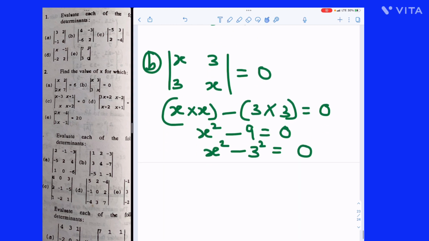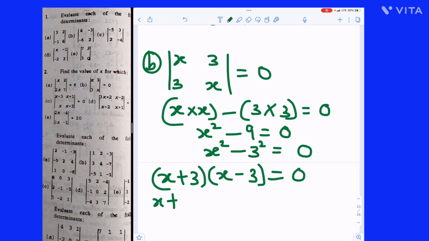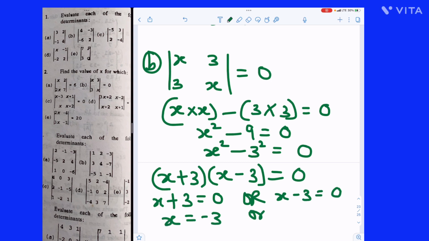So if I do this using the difference of two squares, x plus 3 times x minus 3 is 0. So x plus 3 is 0, or x minus 3 is 0. So x is minus 3, or x is 3. So the values of x are minus 3 or 3.